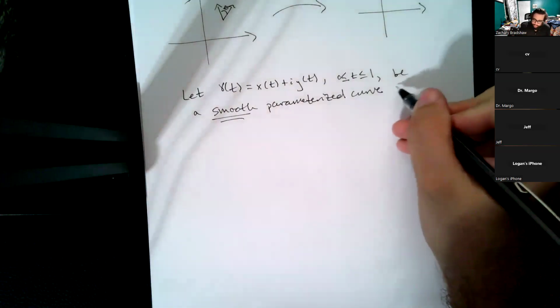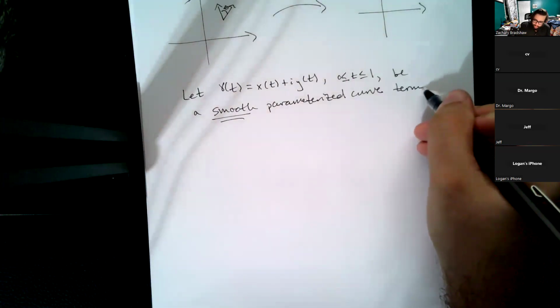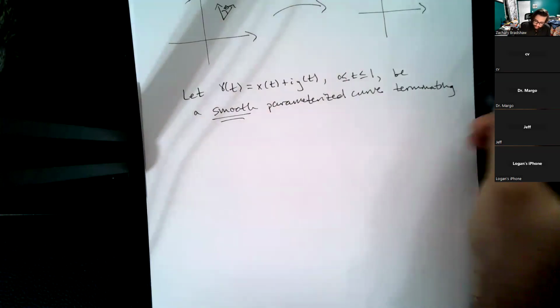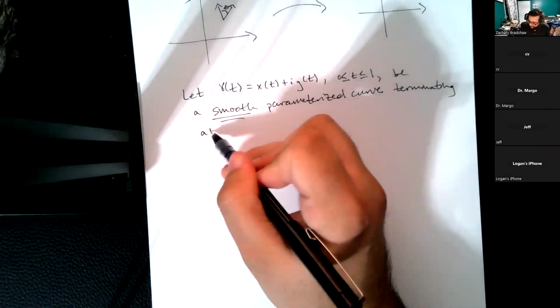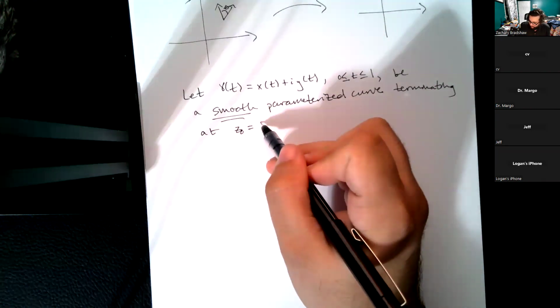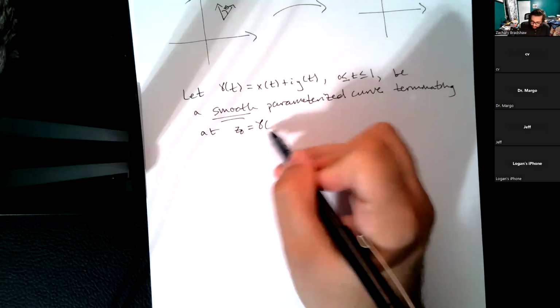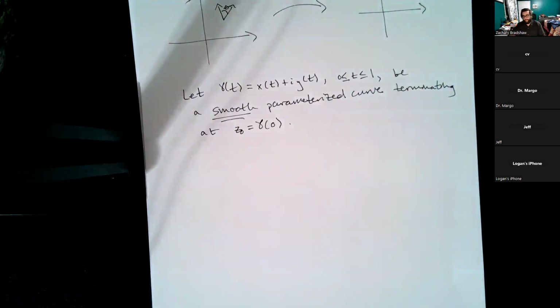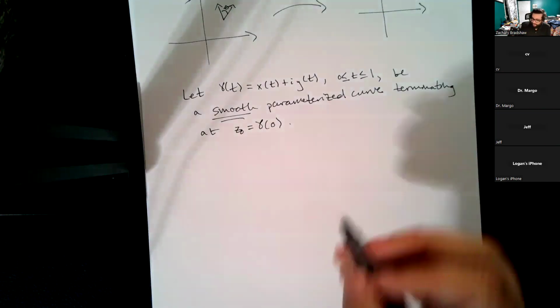So let's furthermore let this terminate at z0 equals gamma of 0. Maybe the better word is begin, but I don't know. Gamelin uses terminate, so let's go with that.